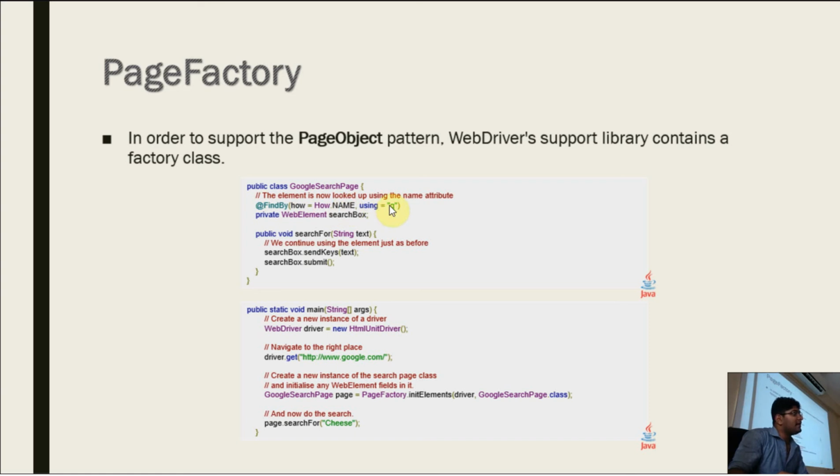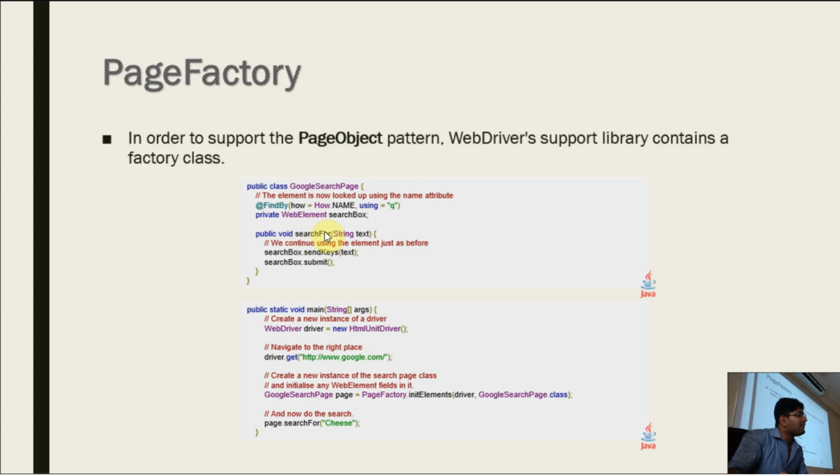Like in the IDE, we say name equals whatever the name is, and using that it can find the element. So we don't need to write code to find the element. We can just specify an attribute here. That's one of the advantages of the page factory.